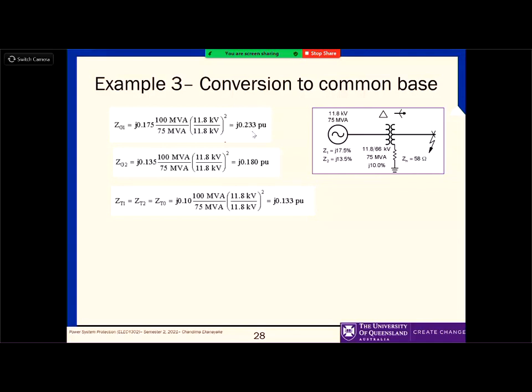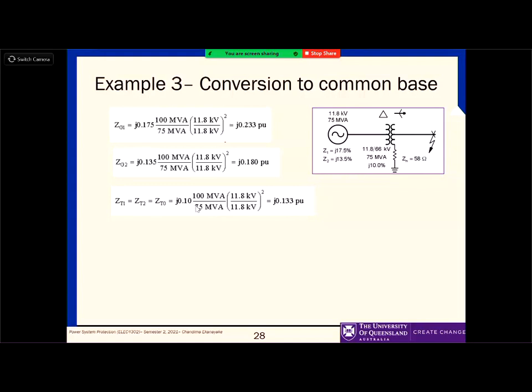transformer, all three impedances. In this particular case, usually for a delta to Y transformer, the zero sequence impedance is probably 80% to 100% of the positive sequence impedance, right? To do fewer calculations, I have taken it as the same as the positive sequence impedance, just to reduce the number of steps.